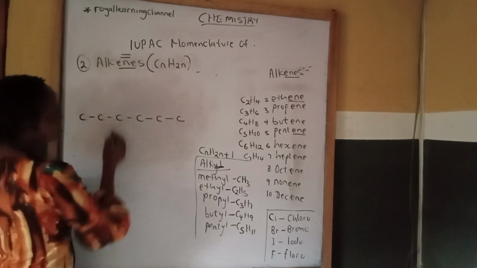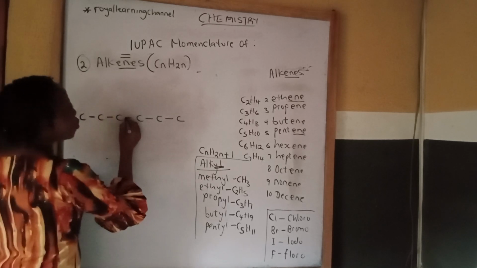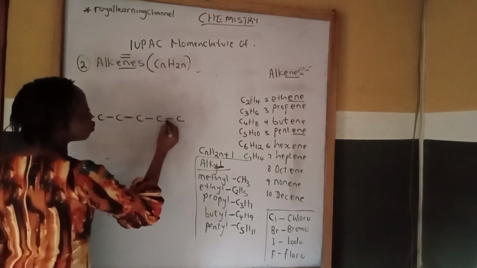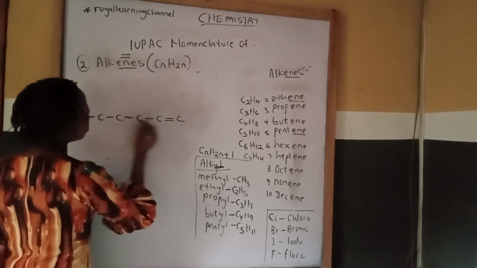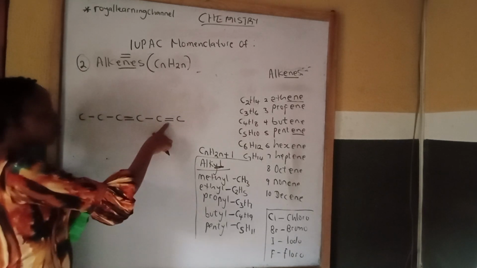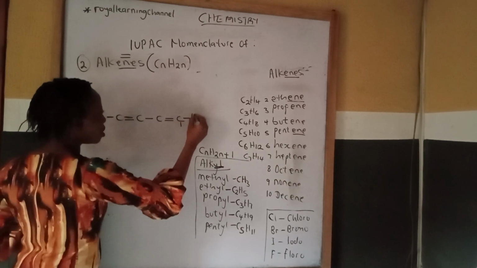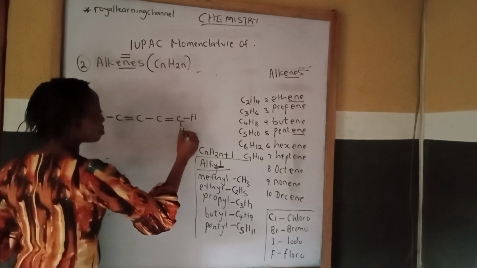Then, like I said, it is possible for you to have more than one double bond. So there's one double bond here, there's another double bond here. Now let's fill in with hydrogen and substituents.